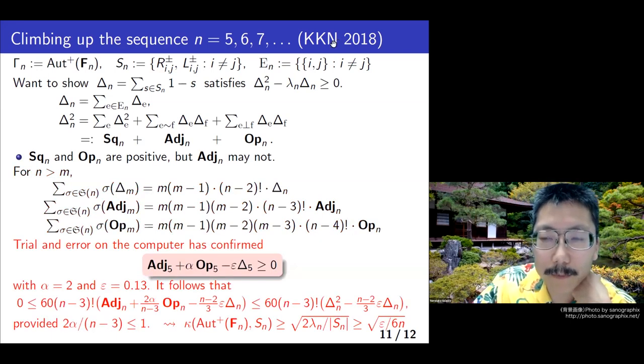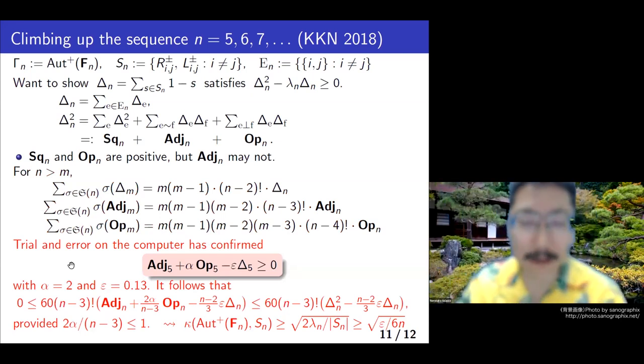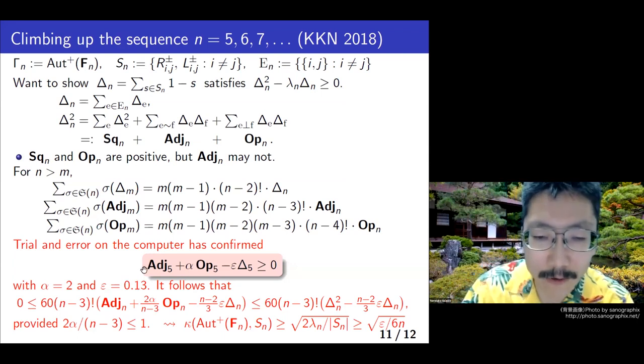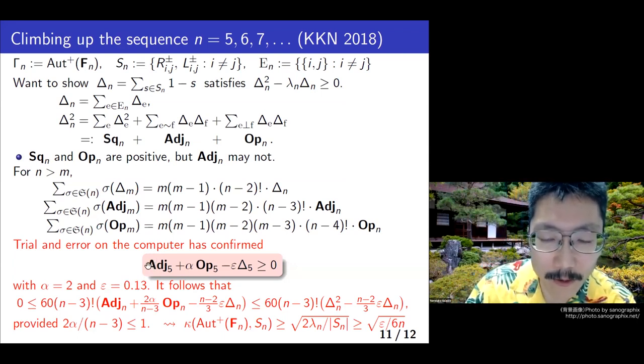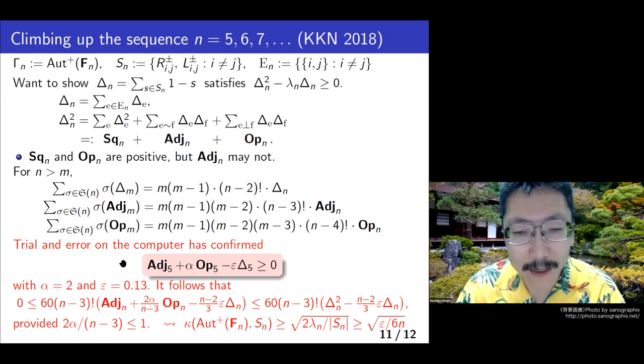And then these people did a lot of trial and error experiments on computers and saw a remarkable inequality. This is a remarkable inequality: not only is Delta_n squared minus lambda times Delta_n non-negative on the automorphism group of F5, actually the square is completely redundant.